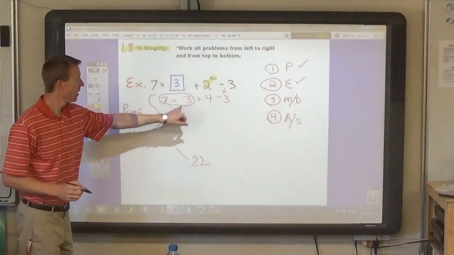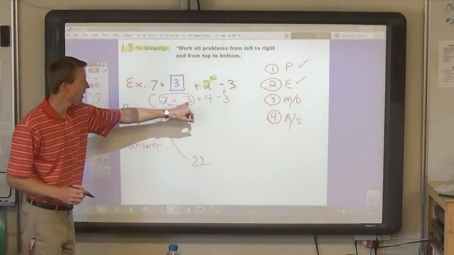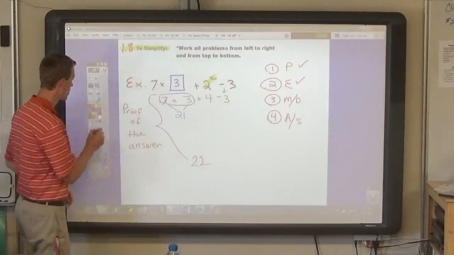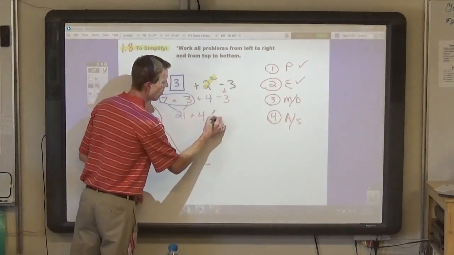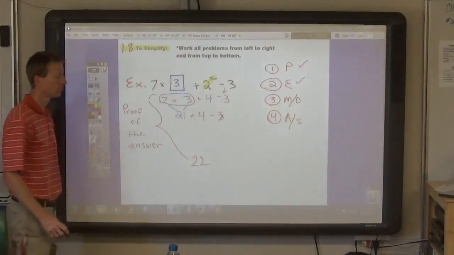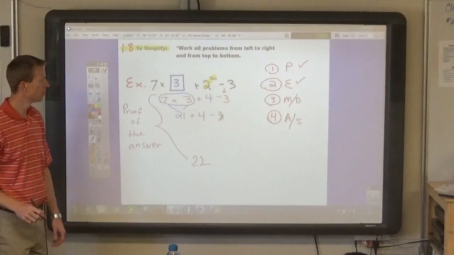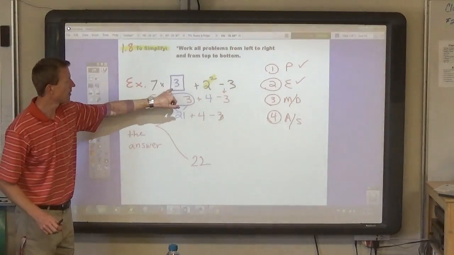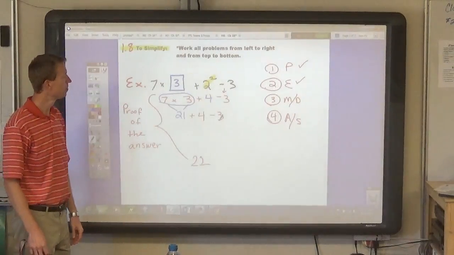So by writing it underneath, it's a good place to write that answer so you can look back and see, oh yeah, 7 times 3 is 21. And then bring down what's left. We haven't done the plus 4 or the minus 3 yet. Bella. Why is the 3 boxed? The 3 had a box around it just to show that that's different from the other ones. Okay?